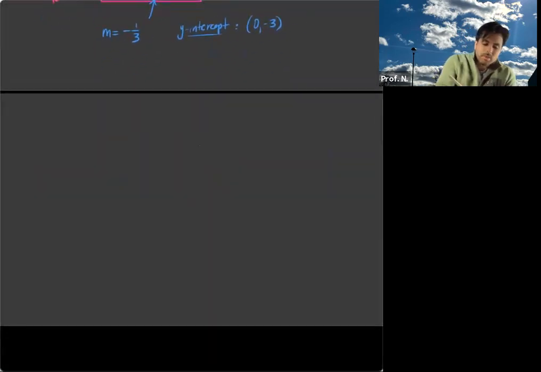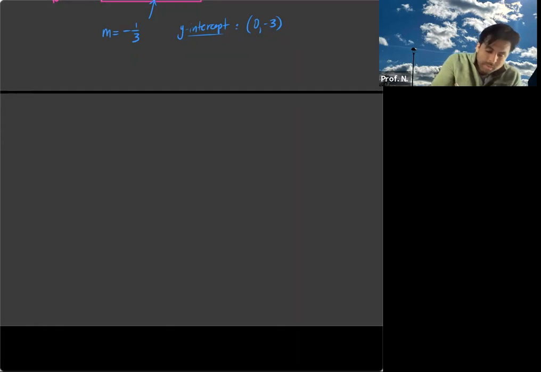Now I'm going to give you probably the hardest version of this kind of task. The hardest version of this task is when you only have 2 points. You don't have the slope and 1 point.